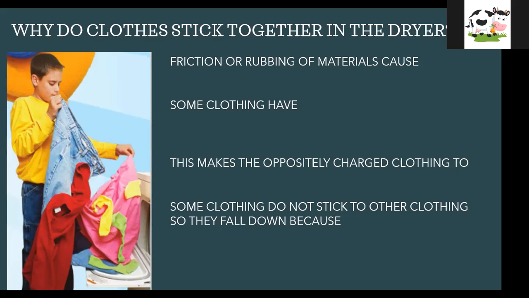In the dryer, it rubs each other, and then some clothes have positive or negative charges, and then they rub against each other. They kind of stick together. Yeah, that's good. So what happens is there's a movement of charges. So there's some negative charges that move to other clothing and some positive charges that move to negative ones, right?